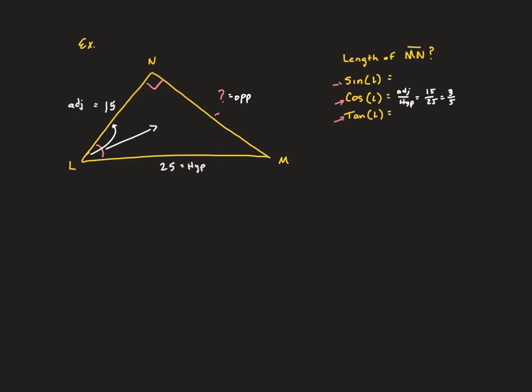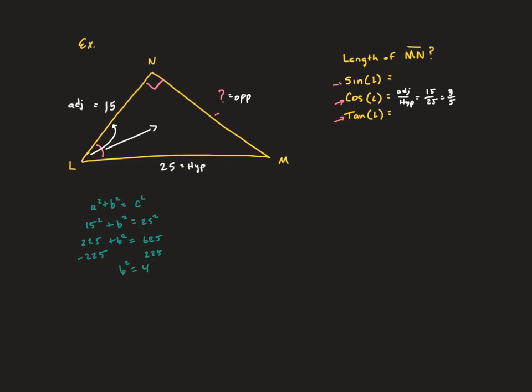Well, just remember, when dealing with a right triangle, a squared plus b squared is going to equal c squared, and I have a, I can call that 15. 15 squared plus b squared is going to equal c squared, and that is going to be 25 squared, because this is my hypotenuse. Let's see here, 225 plus b squared is equal to 625, minus 225 from both sides.